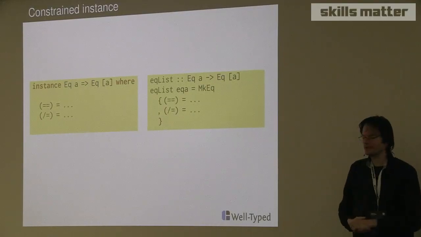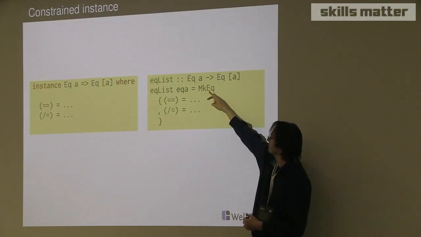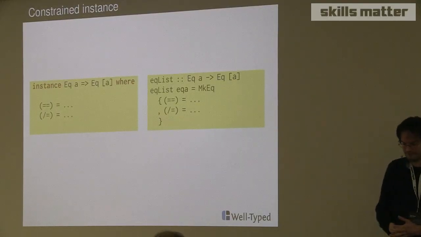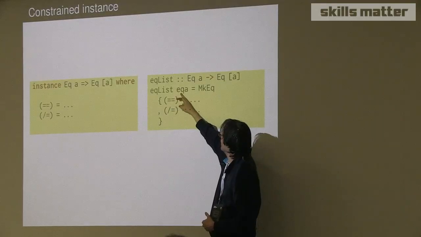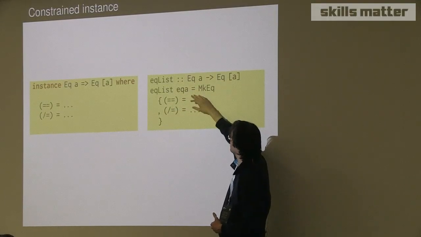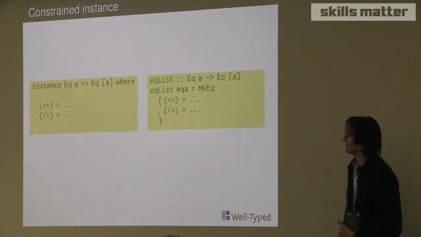It gives us a way of transforming a dictionary that gives us an implementation of EQ on A into an implementation that gives us an EQ on list of A. And we see that we pick up an extra argument, EQA here, which has this EQA type, which can be used in the translation of these functions, equals and not equals.